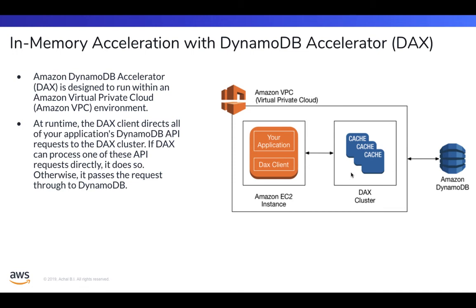And if, for some reason, the item that you're looking for is not cached, then the request would be forwarded to DynamoDB. So it is basically a managed service for DynamoDB cache, you can say.